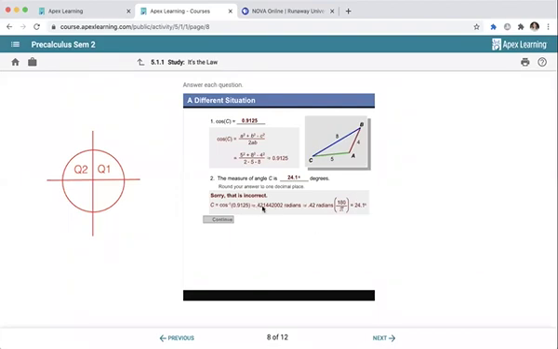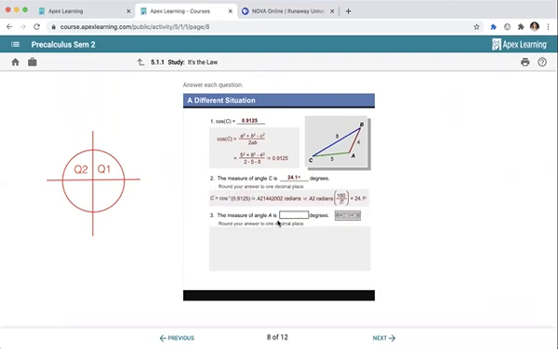If it's reported in radians, you can convert to degrees by multiplying by 180 degrees over pi radians. That would give us the measure of angle C.